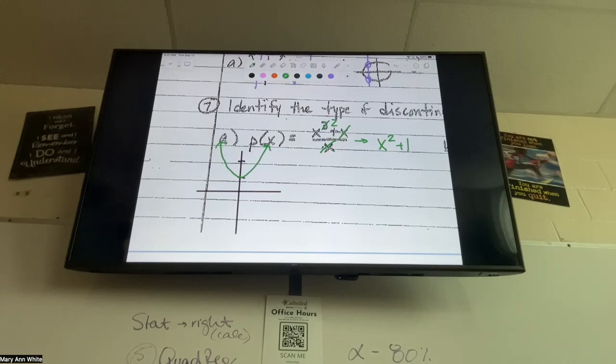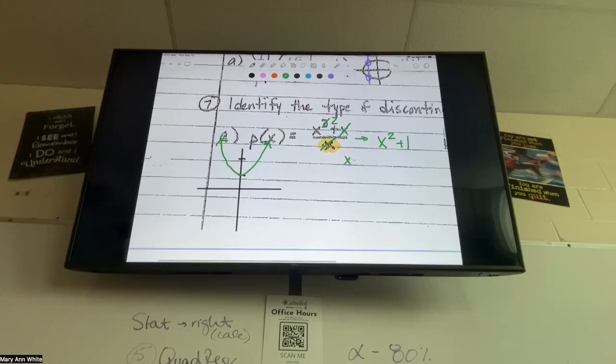Okay, now, one issue that I have here is, remember how I asked you if we could simplify and we took an X out of everything? Remember also, when we were doing domain, we said that one of our problems was our denominator cannot equal what? 0. I know we got rid of him, but he was part of the original equation. So we still have to set our denominator not equal to 0 to have a break in our graph.